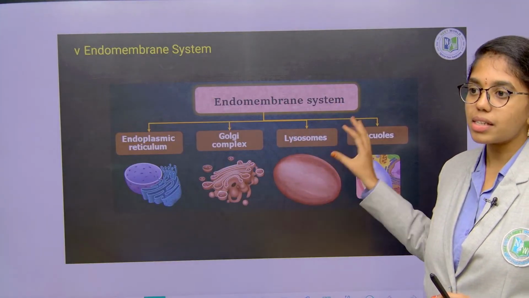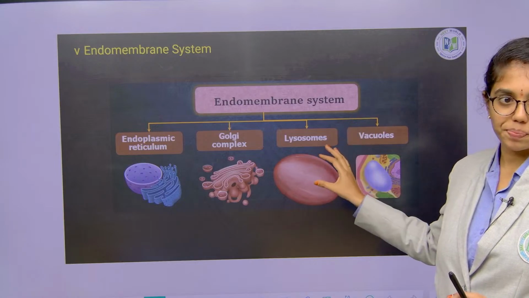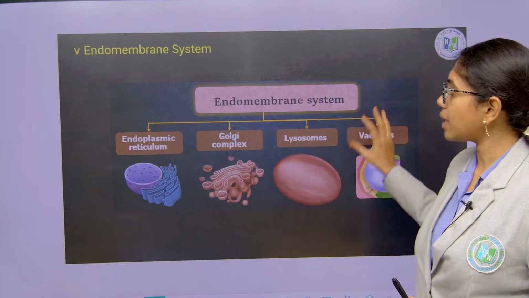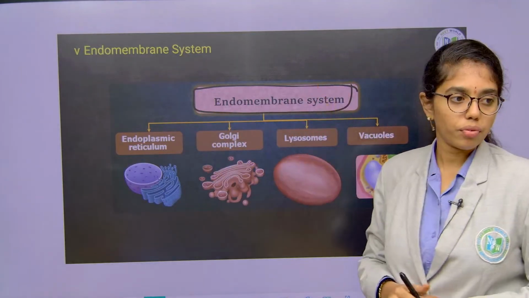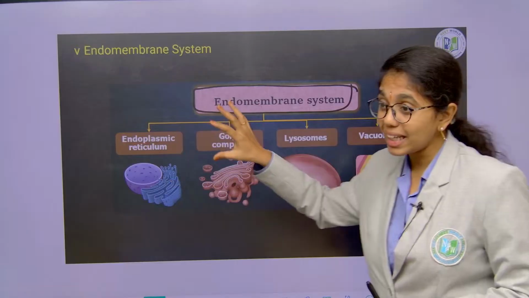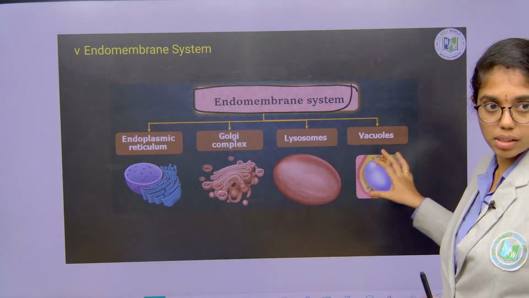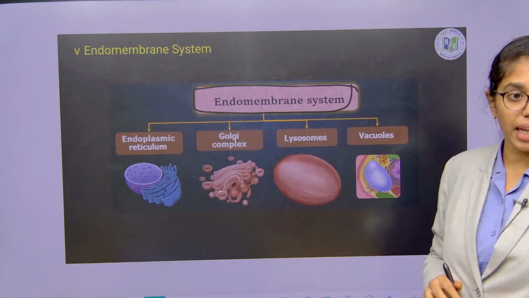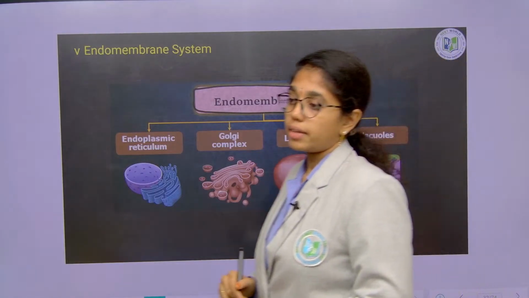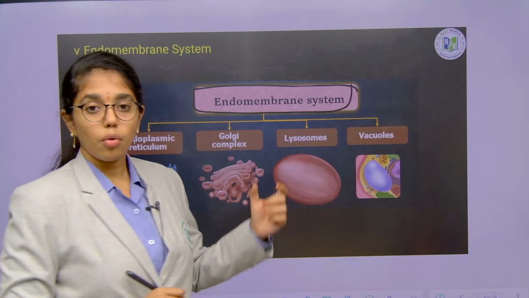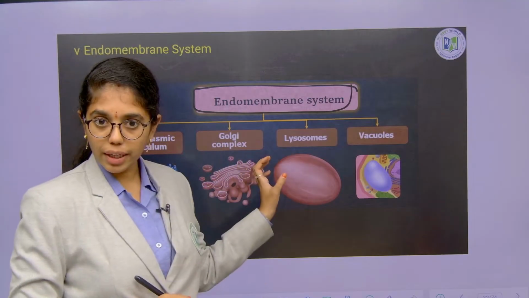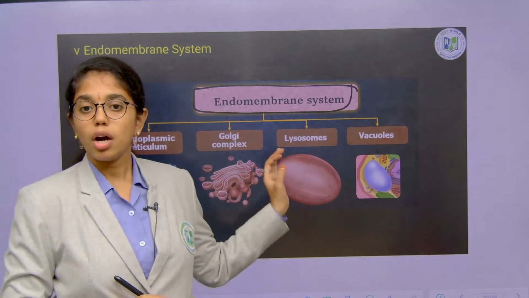What organelles are involved in the endomembrane system? Why are these organelles placed under one system, under one roof? Why are we learning only these single membrane bound organelles under this heading? Can anybody tell me? Their functions are coordinated. They are dependent on each other, like one organelle's function is dependent on the other, and all of their functions are coordinated.